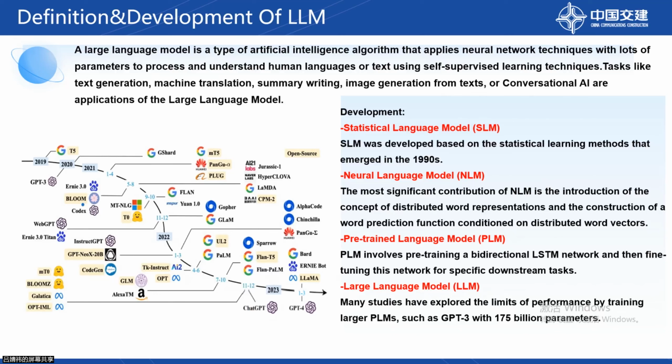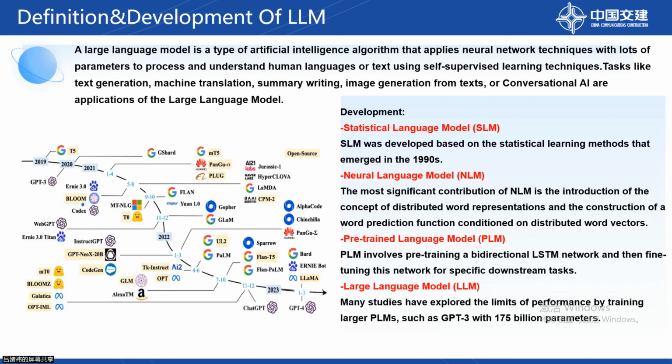The left graph shows the development of LLM after 2019, and the research of language models can be divided into 4 main stages before 2020. So the statistical language model, neural language model, pre-trained language model, and large language model is what we use right now.